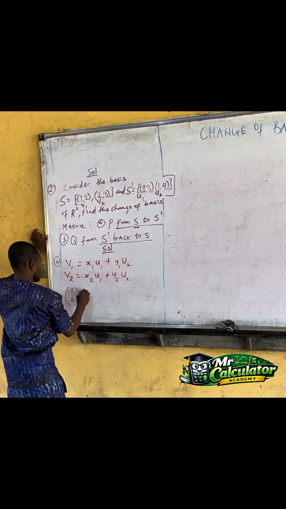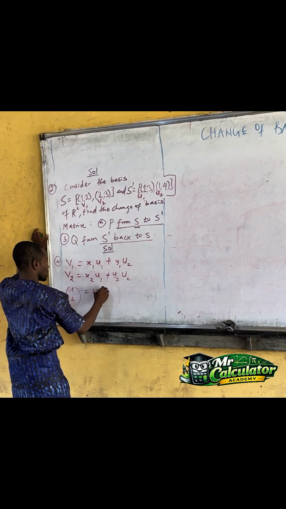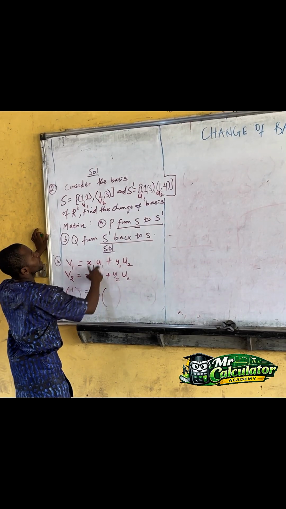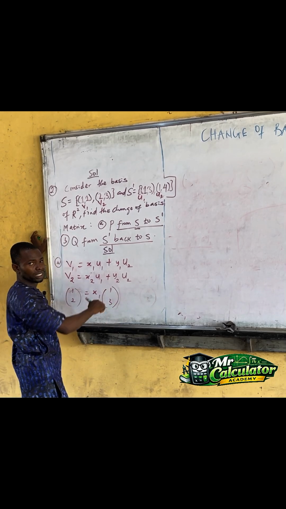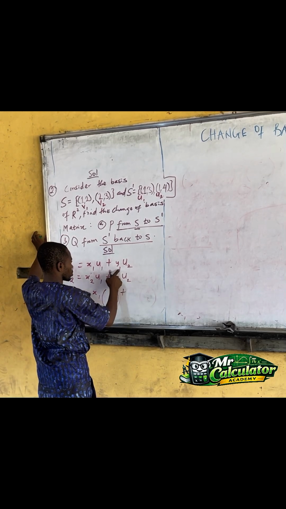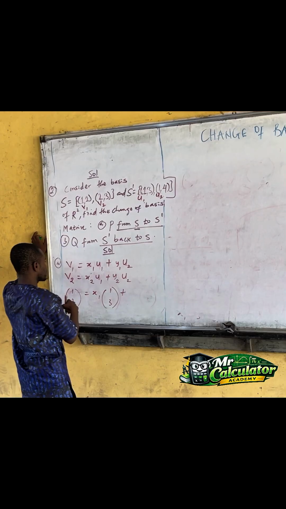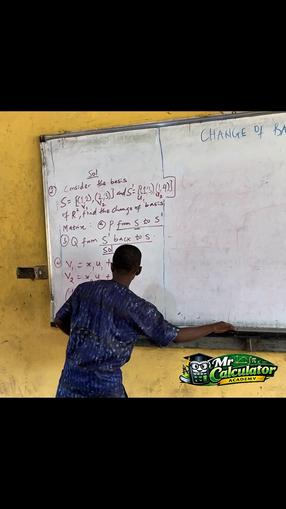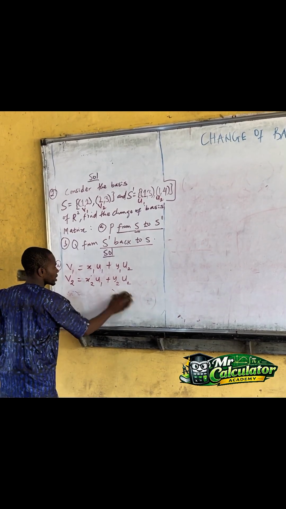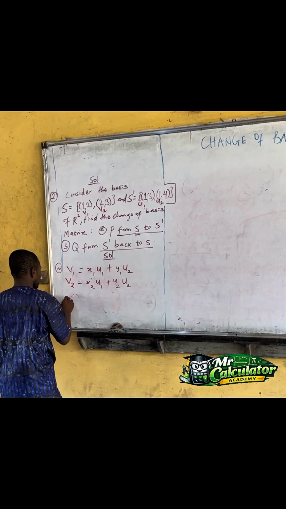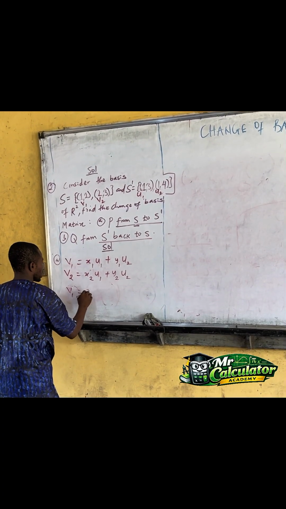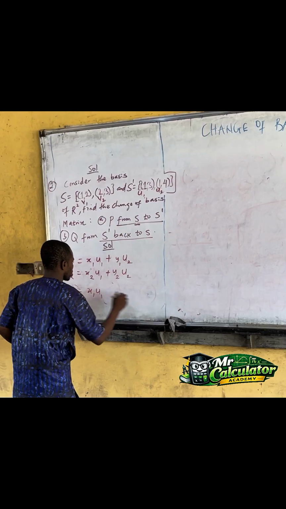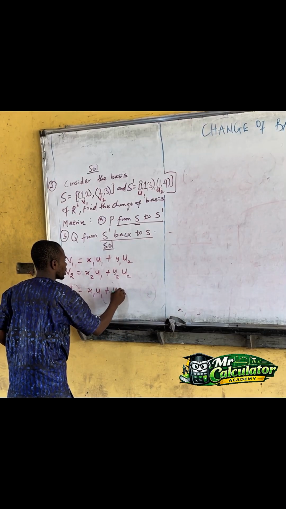1 and 2 is equal to X1 times U1, which is 1 and 3, plus Y1. Let me even write it out so that it can be very clear. I'm working with V1 now. V1 equals X1 U1 plus Y1 U2.